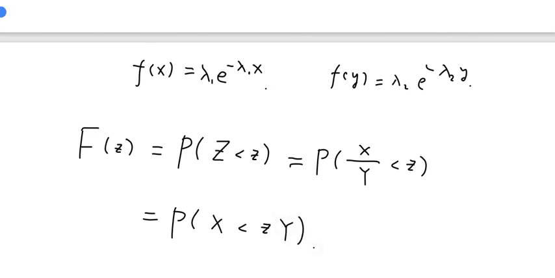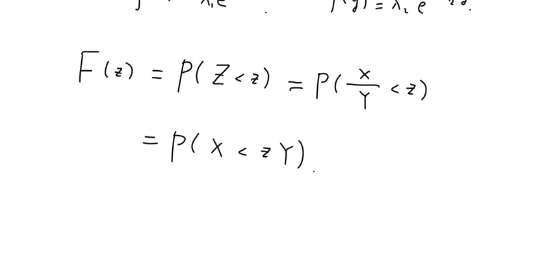For a given z, we can find the probability, so this probability is a function of z. Then the density function of Z is just the derivative. So we just need to find this probability.